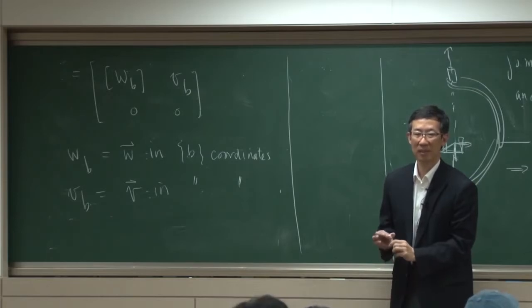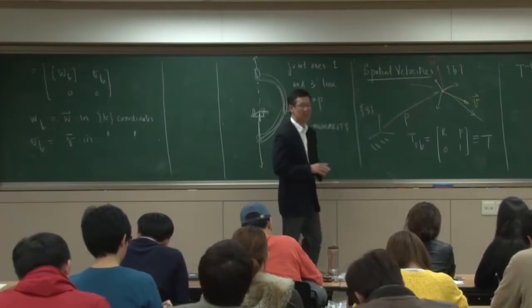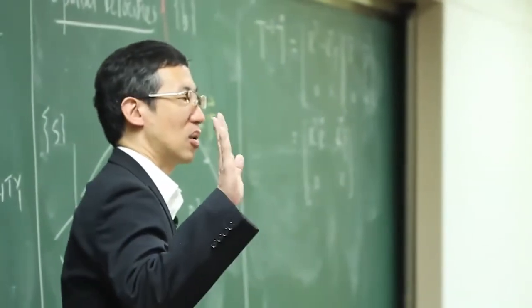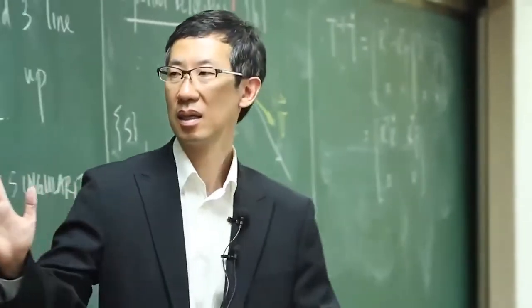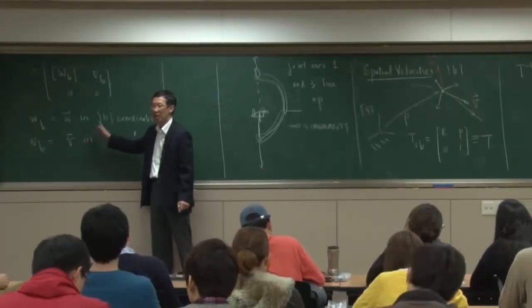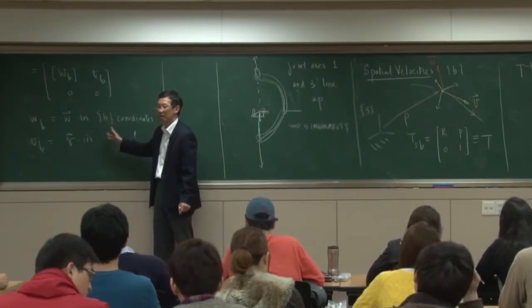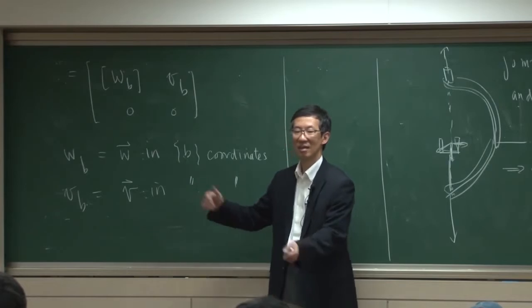This is kind of nice, right? We calculated T inverse T dot, and we got the angular velocity and the linear velocity, both in B frame coordinates.